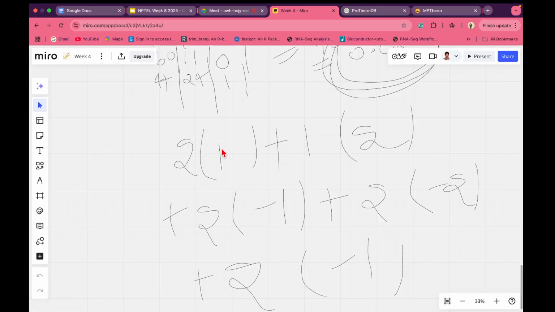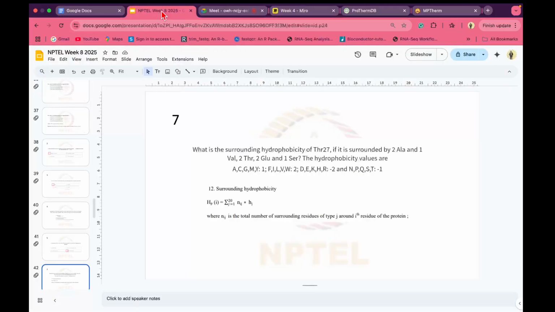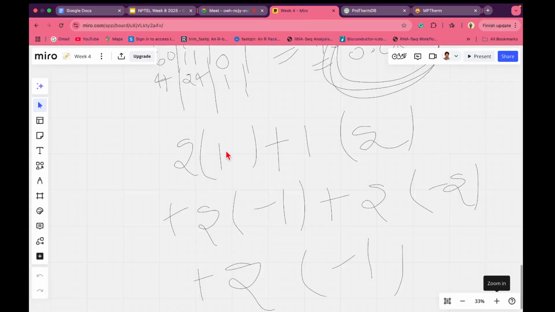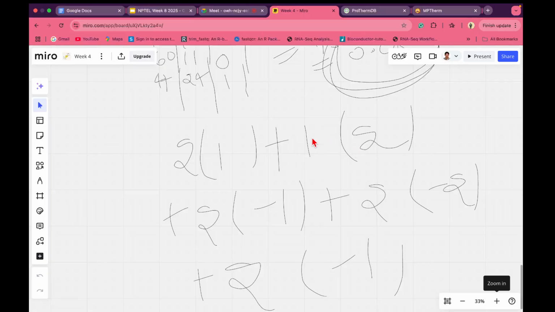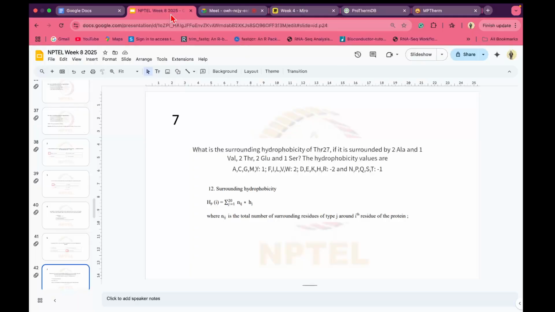So we have two alanines, one valine, two threonines, two glutamic acids, and one serine. Accordingly, I have arranged so 2 into 1, which is the hydrophobic index of alanine. Then we have one valine.